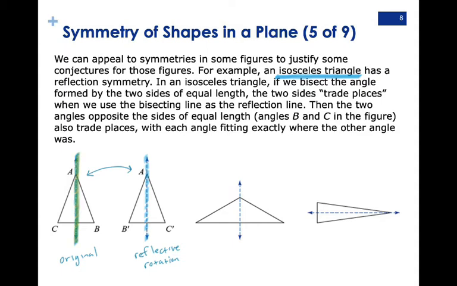So we're getting that piece of paper and turning it on its back, okay? And so we see when that happens, then that C will go to C prime, and B will come back here to that B prime position. So flipping it around. So the original and then our reflective rotation, and the shape looks exactly the same, right, in the same position there.